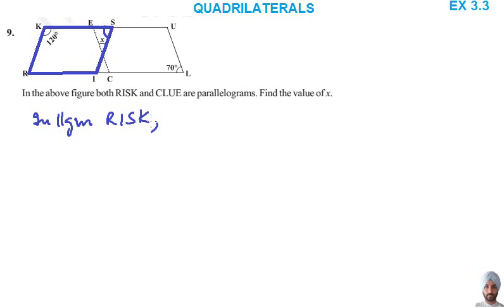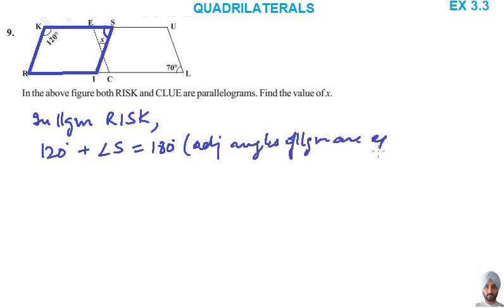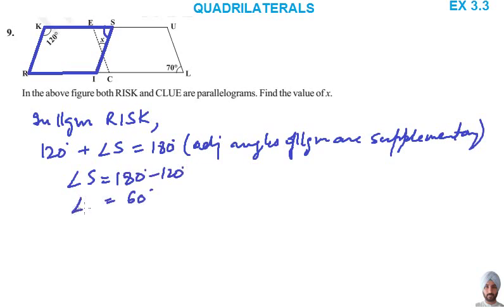So in parallelogram RISK, 120 degrees plus angle S is equal to 180 degrees, and the reason is adjacent angles of a parallelogram are, sorry, not equal, are supplementary. So here we have angle S as 180 degrees minus 120 degrees. This is 60 degrees. So angle S is 60 degrees.